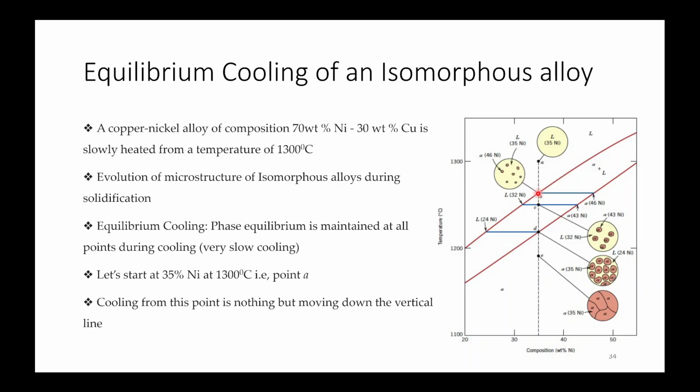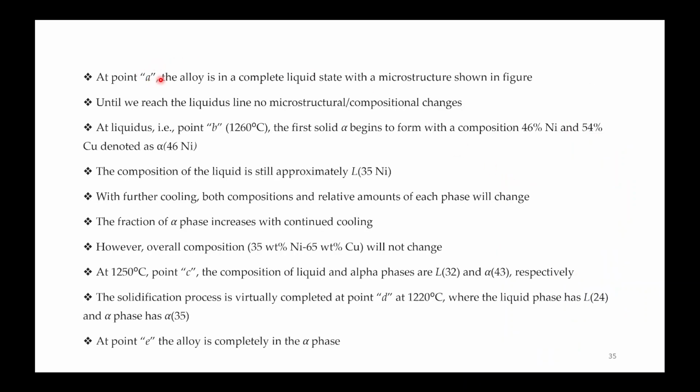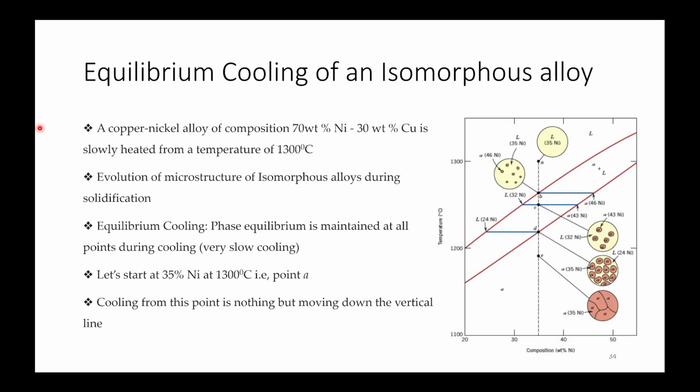Now as you reach point B, you will see the formation of some solid particles. So at point A, the alloy is in a completely liquid state with the microstructure shown in the figure.